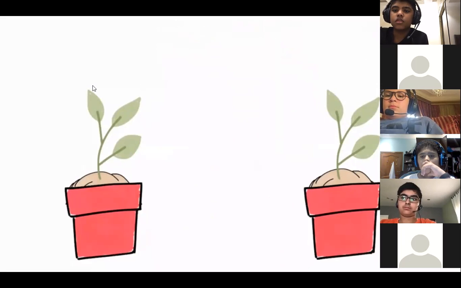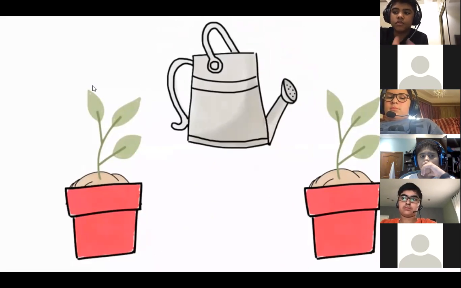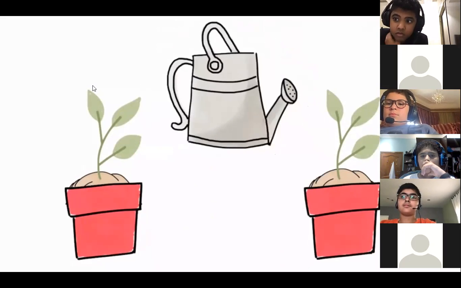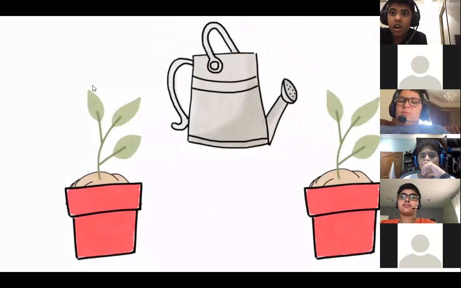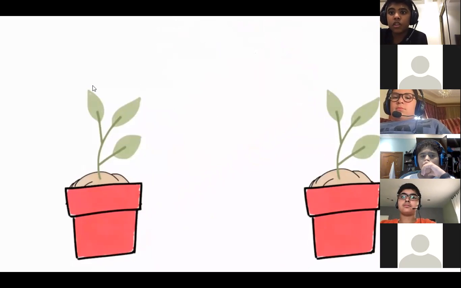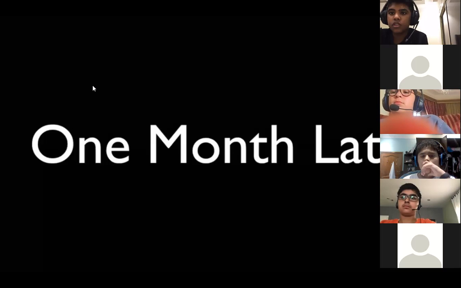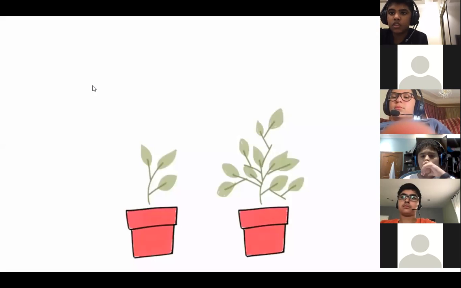Then, one part of the experiment can be manipulated. In our example, the amount of water used to water the plants is the only difference between the two plants. This part of the experiment is called the independent variable. The results are different this time.